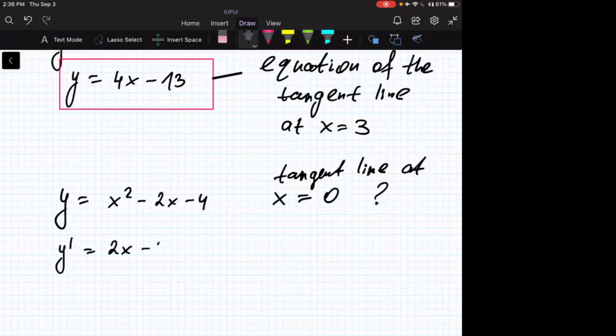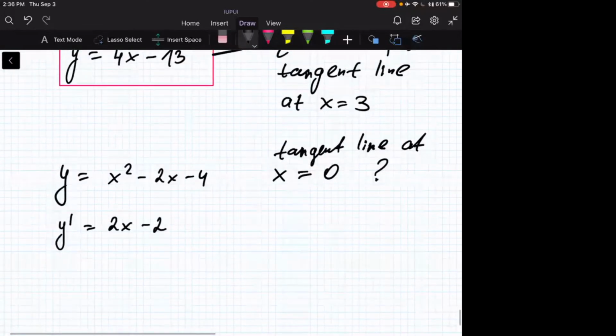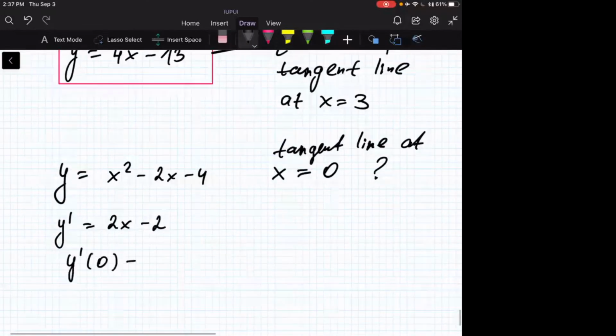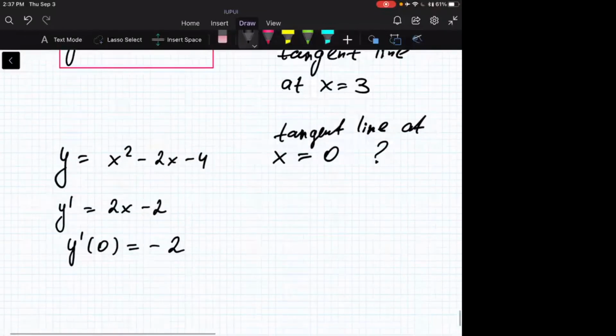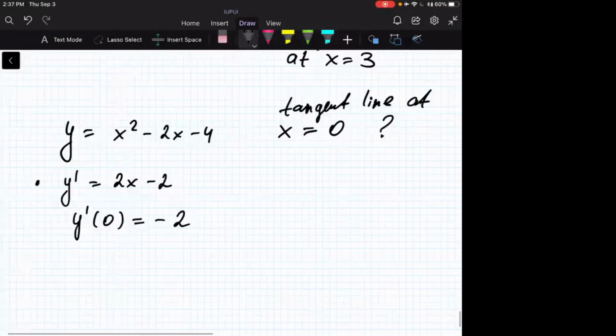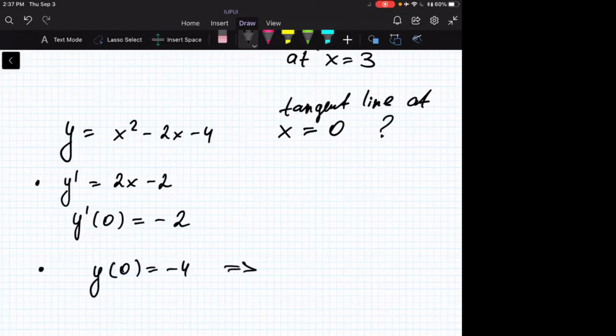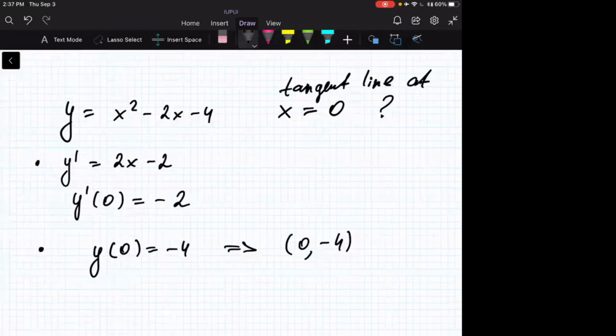So still y prime is equal to 2x minus 2, and my y prime at point 0 will be thus minus 2. I just briefly recall the steps. And second, y of 0 will be minus 4. So that means that my line goes through the point 0, minus 4.